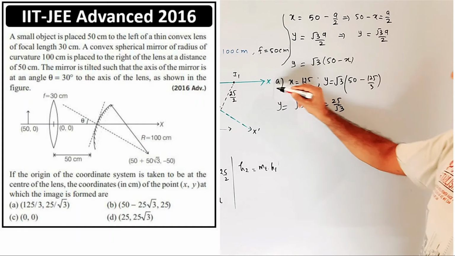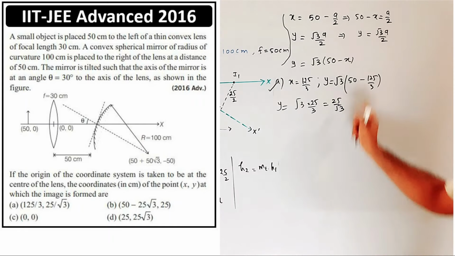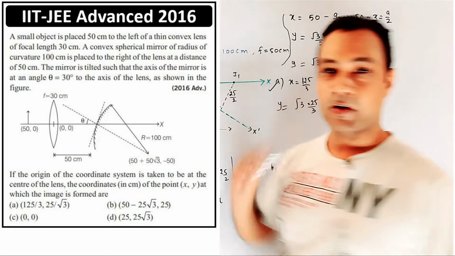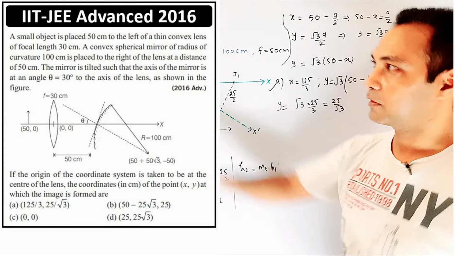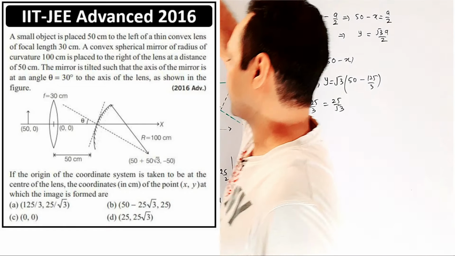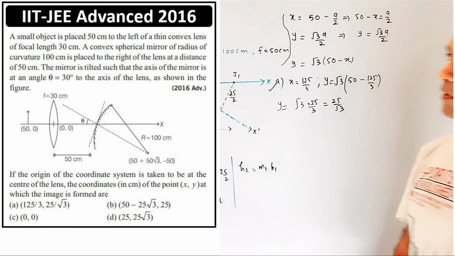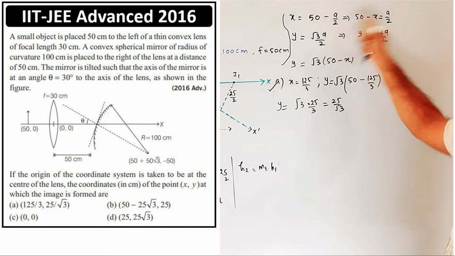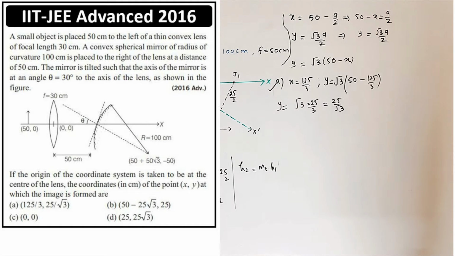So option A is satisfying this finding. Basically that point is lying on this line. And obviously option C will not satisfy this, it is clearly visible.